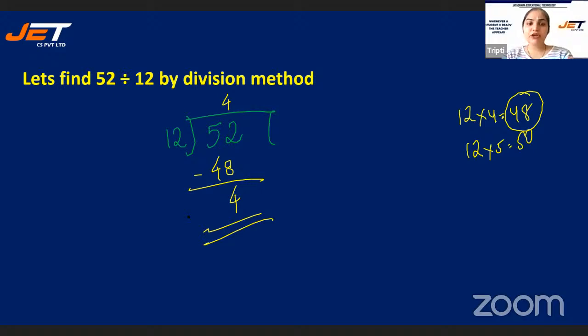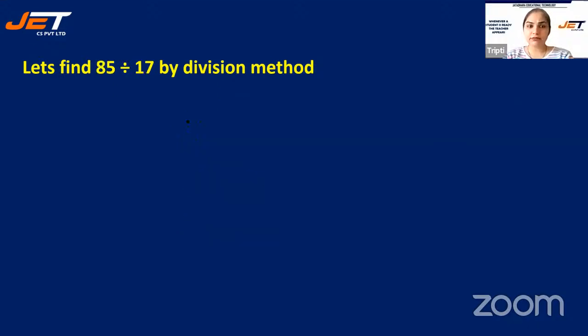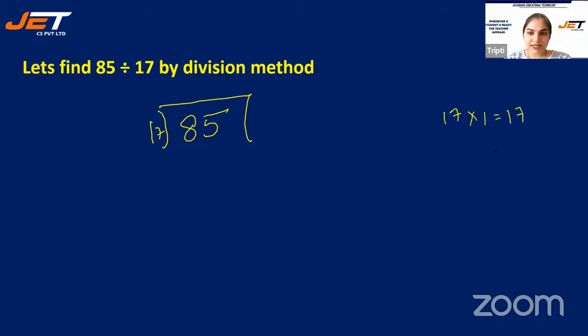Next is wherein you have to divide, okay, let's see this, 85 divided by 17. Now, let's see how we can do this. If we see the table of 17, 17 times 1 is 17. 17 times 2 is 34. 17 times 3 is 51. 4 is 68. 5 is 85.